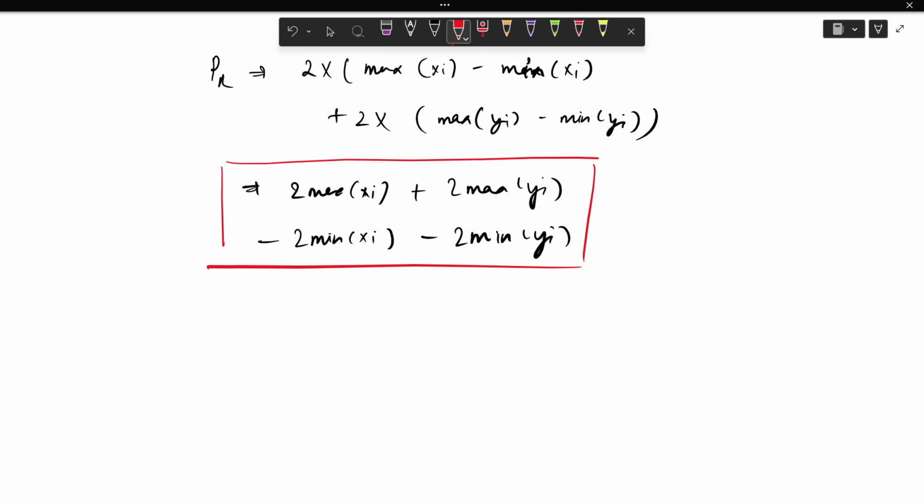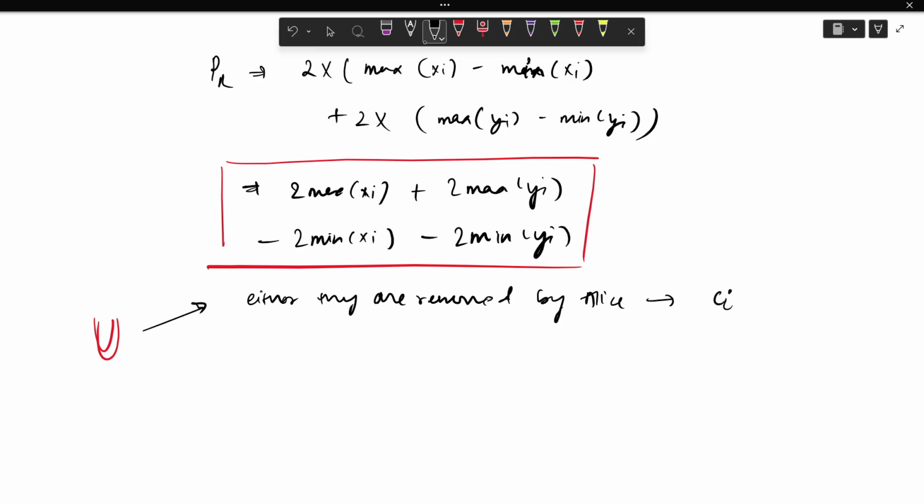So for all the set of points that belong to the universal set, they have two choices. Either they are removed by Alice, that would add to a cost Ci, or they participate in the leftover set, which is R. So these are the two choices that all the points that are given to us have.